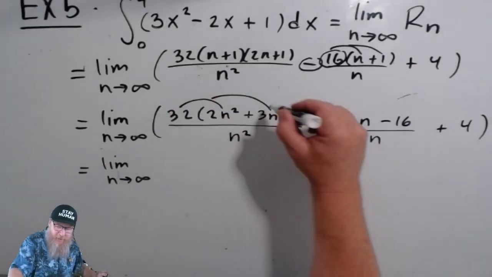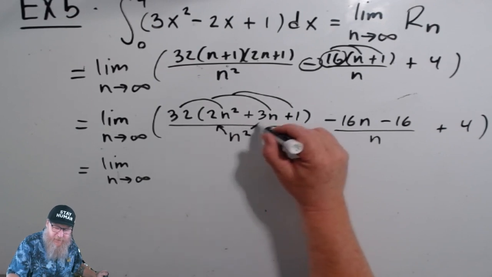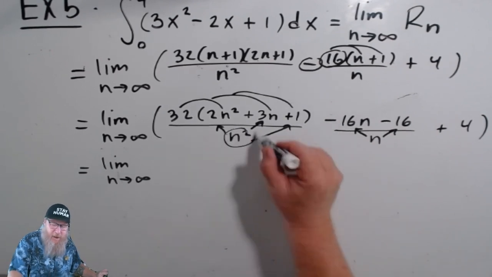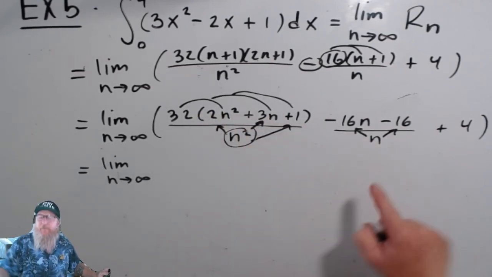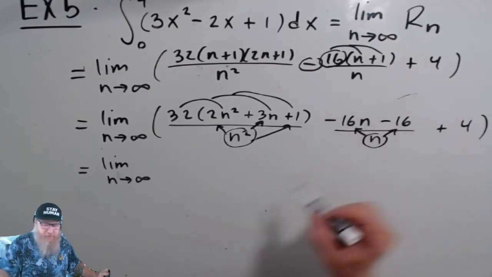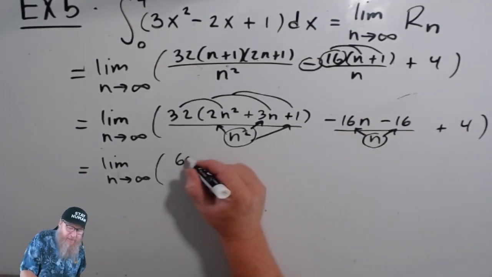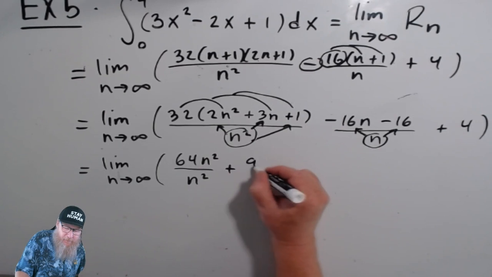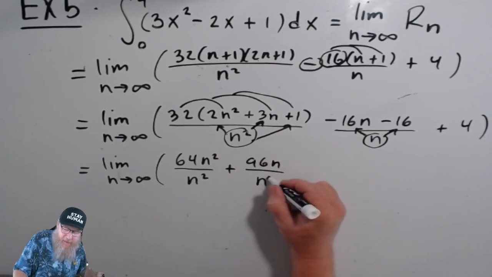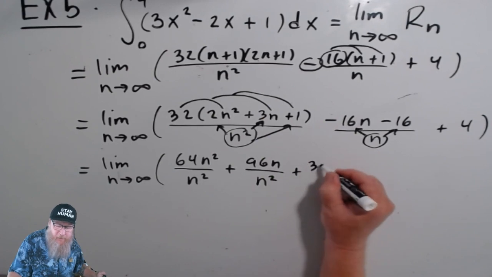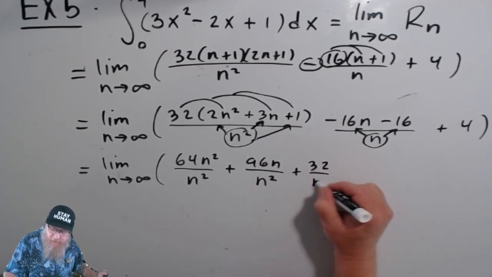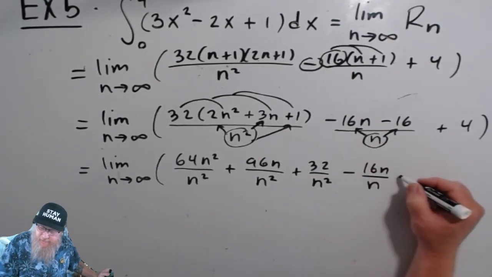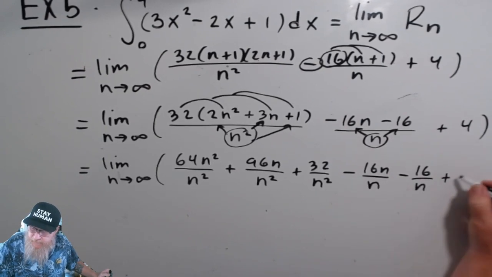Now we're going to distribute the 32, and then we're also going to distribute the denominator. So this n squared will get distributed to all 3 terms, and then this n will get distributed to those 2 terms. So we're going to get 64 n squared over n squared plus 96n over n squared plus 32 over n squared minus 16n over n minus 16 over n plus 4.